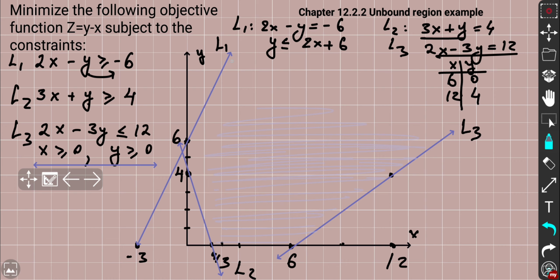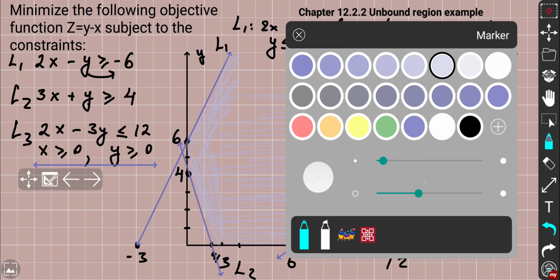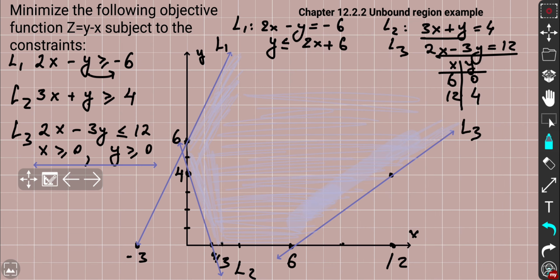As you can see, it's lower than line 1, it's above line 2, and it's above line 3. But as you can see, it's not closed.